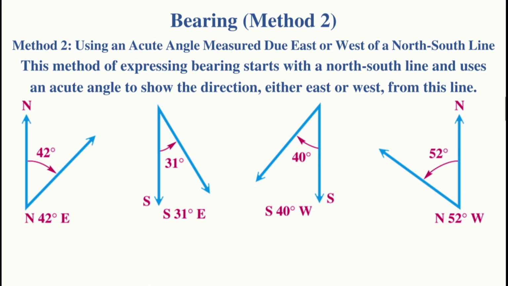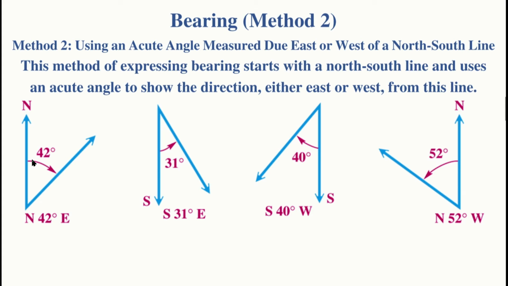All right, so method 2 of bearing is going to basically use an acute angle measured either due east or west of a north-south line. So you're going to have not just an angle, but a direction that you write before that angle and one that you write after it. So when you write, for example, north 42 degrees east, you first draw a north line, right?